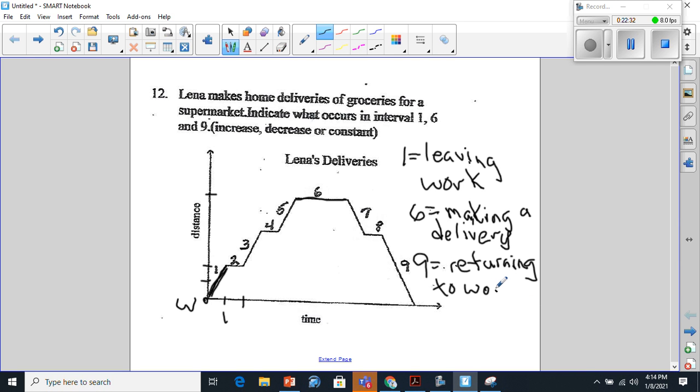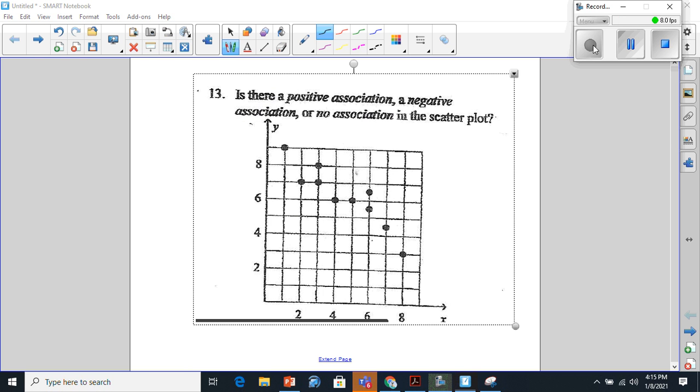Work. Sorry about that. All right. That's how I would describe that. So that would be an increase here, then a constant, and then a decrease. So number 1 would be an increase, number 9 would be the decrease, and the constant would be number 6.